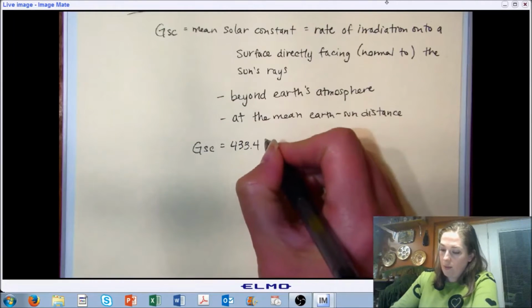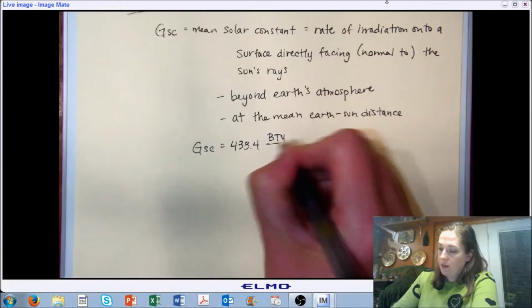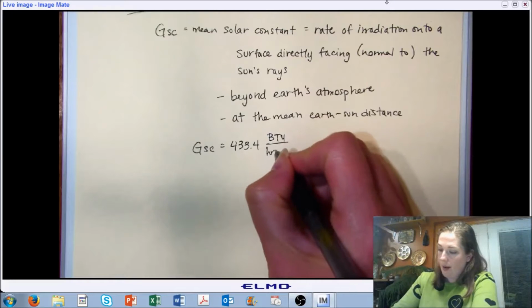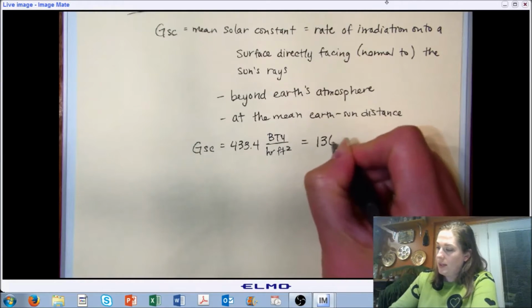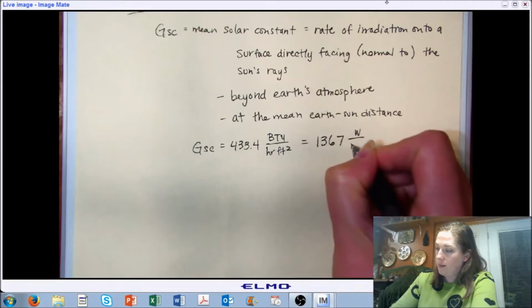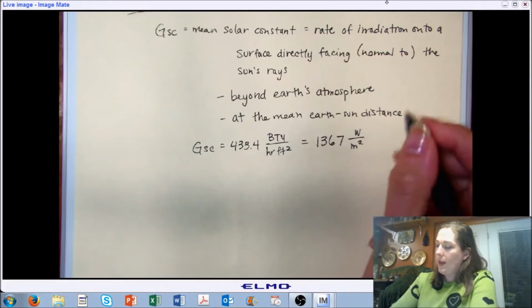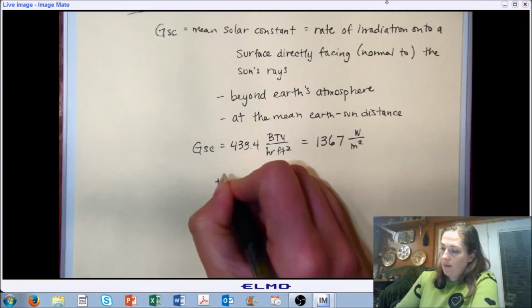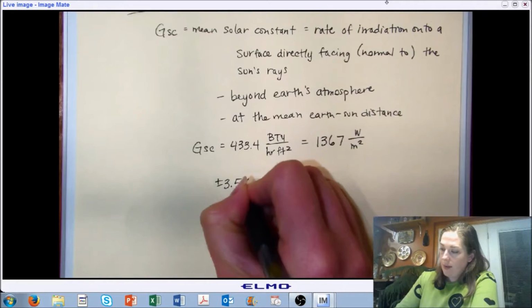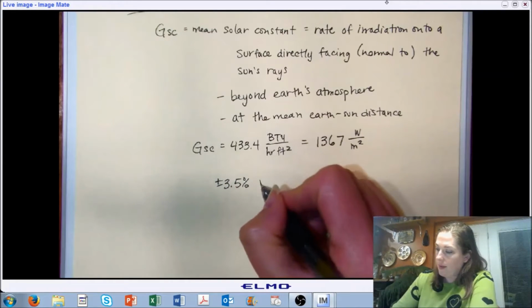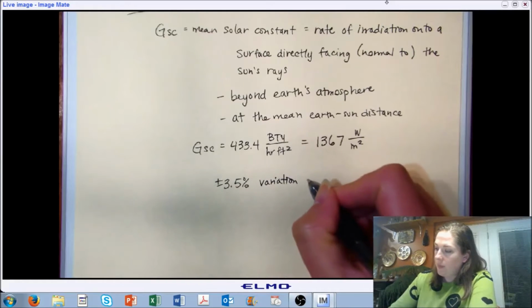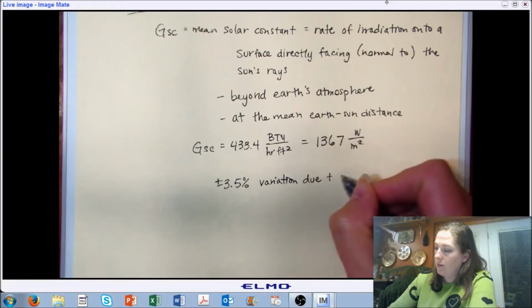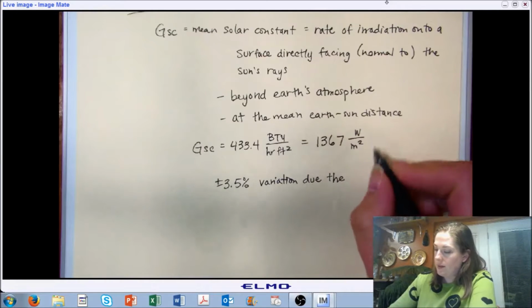So 433.4 BTU per hour foot squared, or 1367 watts per meter squared. The estimate on the variation in this is about 3.5%, due to the variation in the Earth-Sun distance.